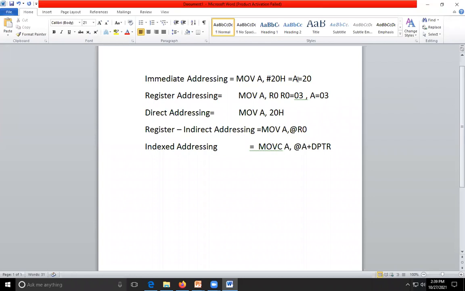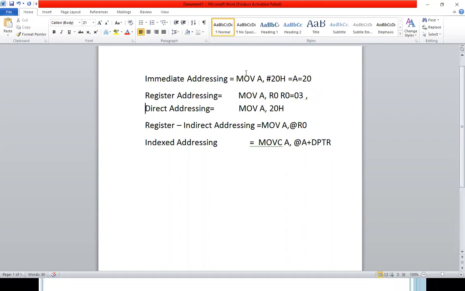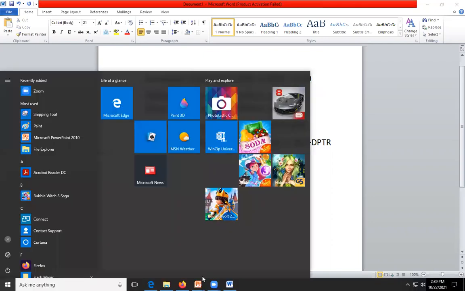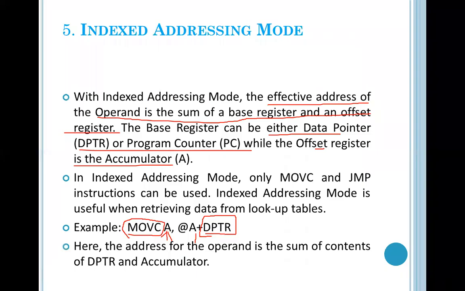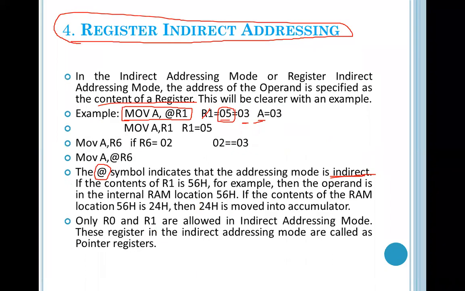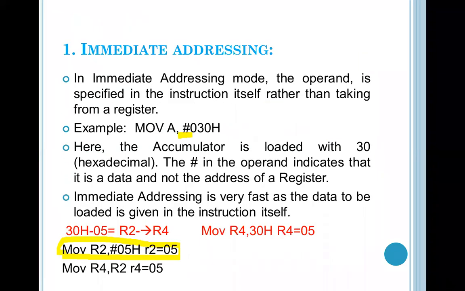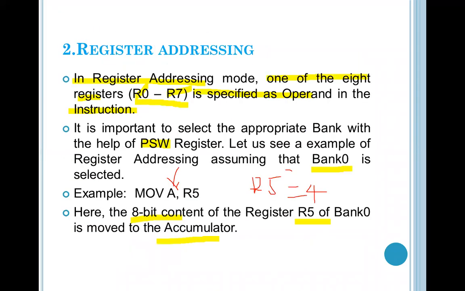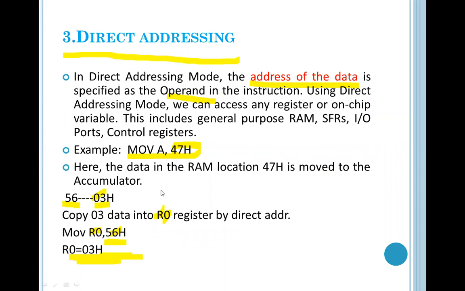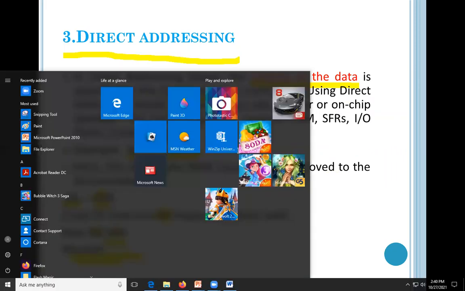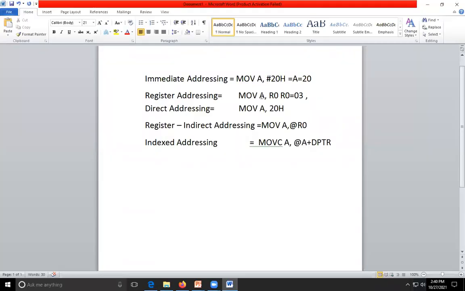Okay. Then next is the direct addressing mode. When the register is 03, at that location 03 there is some value, and this value is transferred to the accumulator.